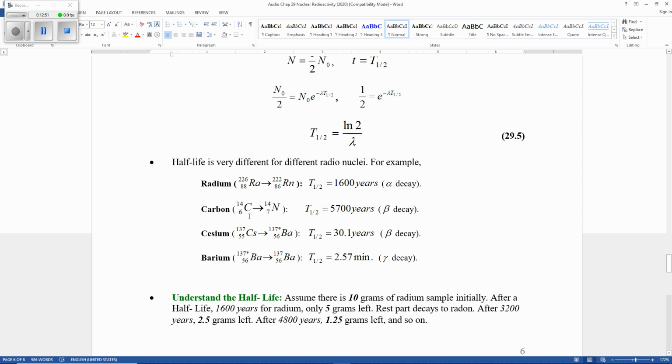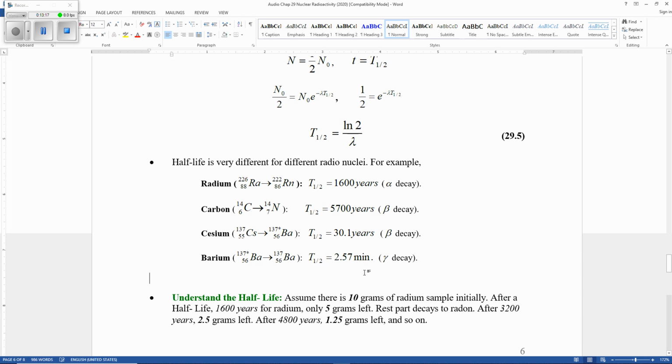So carbon changed to nitrogen. So one element changed to another. This is beta decay. And for some decays, the half-life can be very short, like 2.57 minutes. So you can measure it.